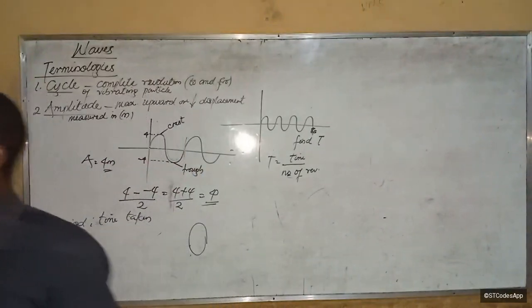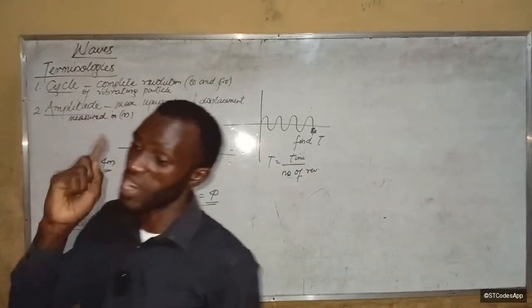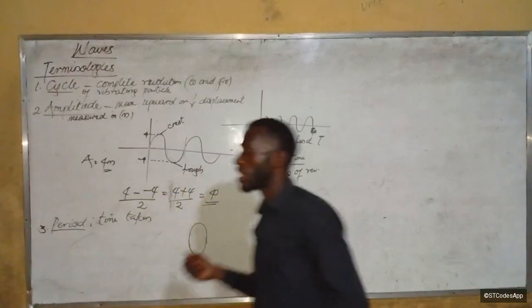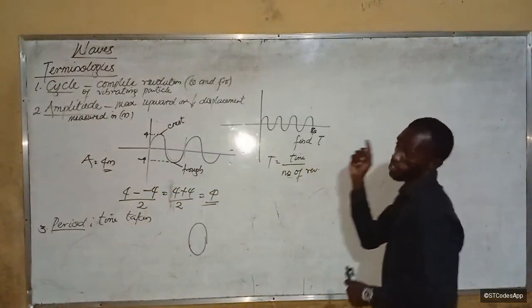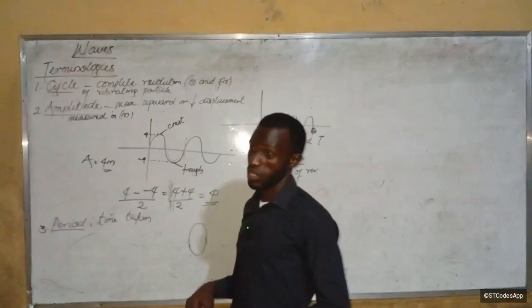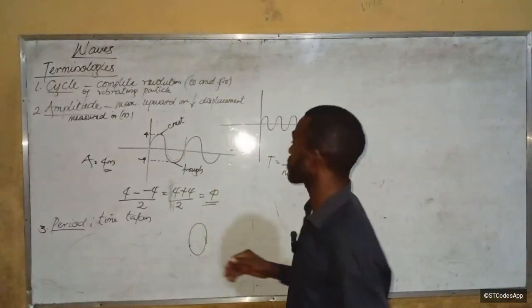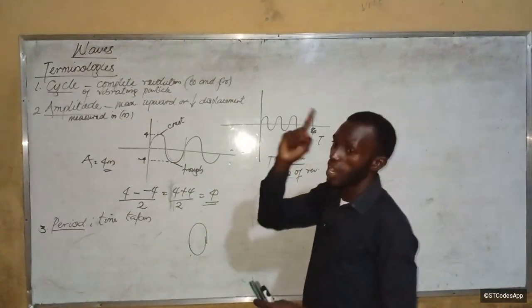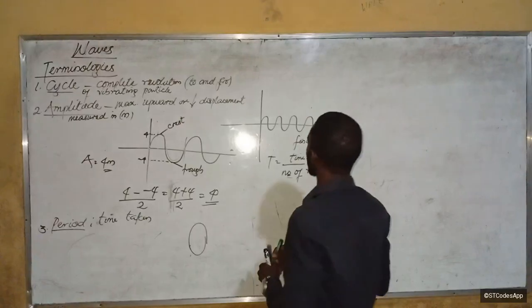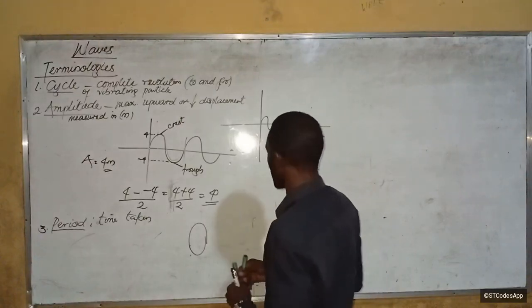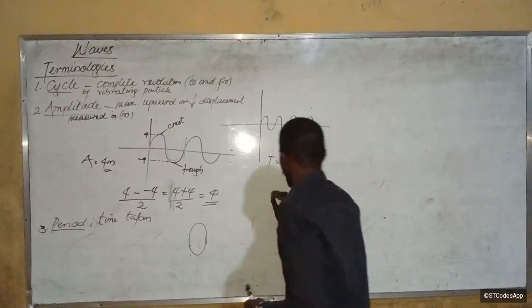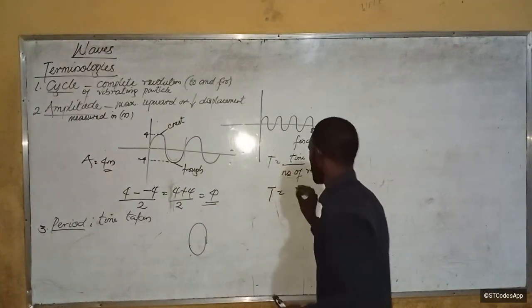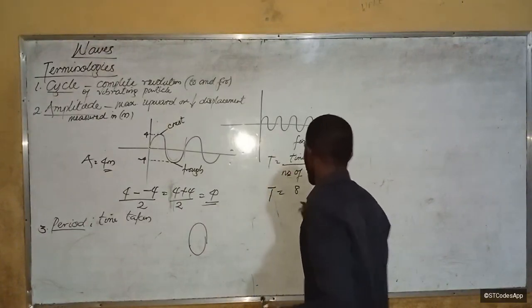Period is the time per revolution. Time could be the time taken to complete the entire journey of the wave. The period is time per revolution. So look at how many revolutions are in that first one. So our period is going to be time. What's the time? 8 seconds over.